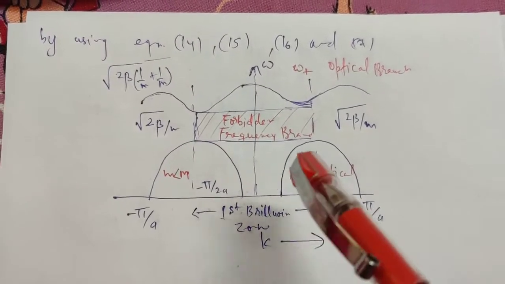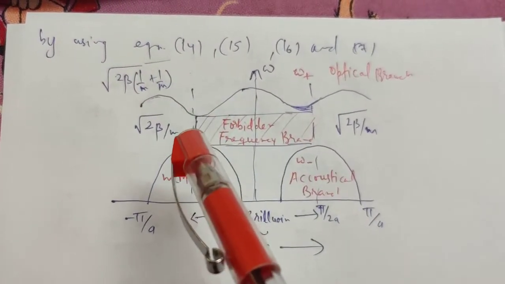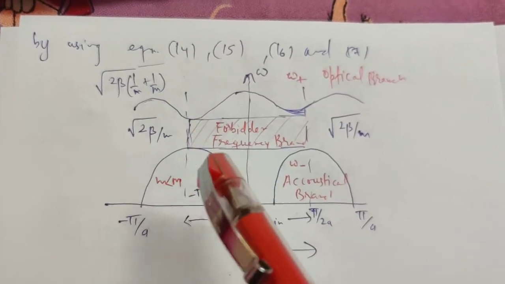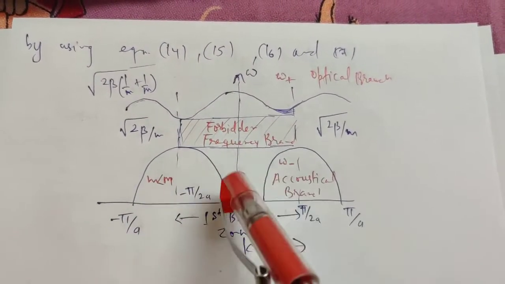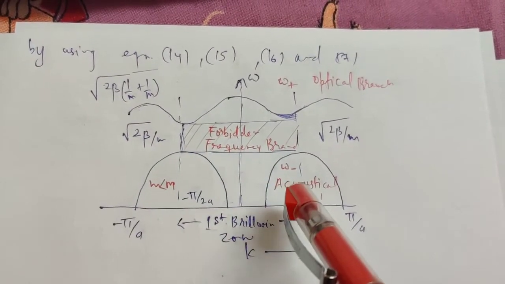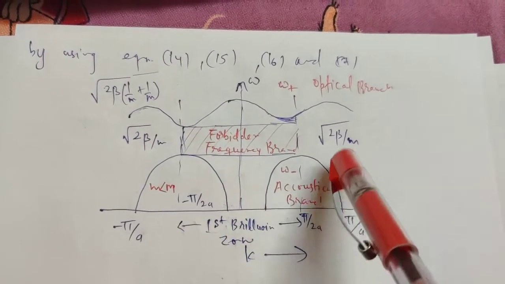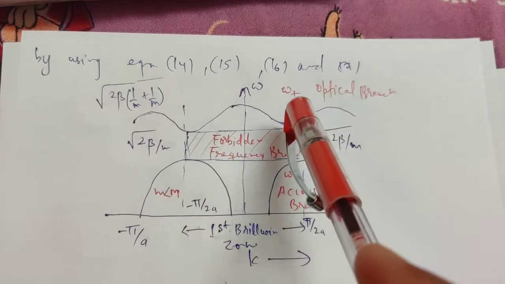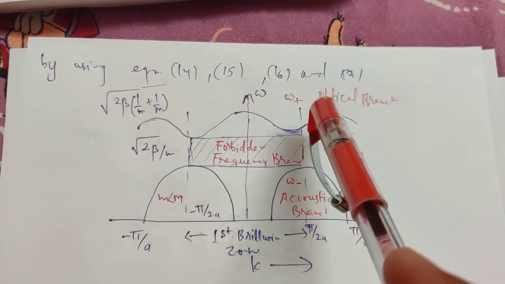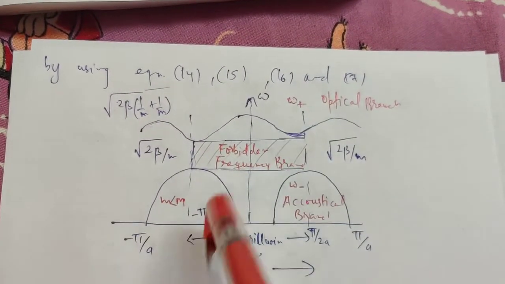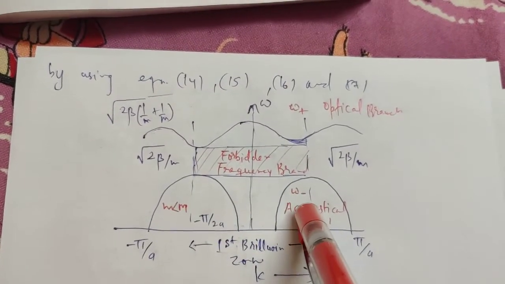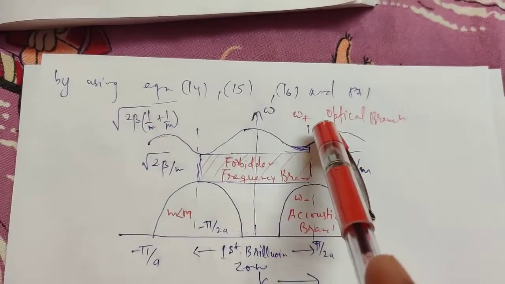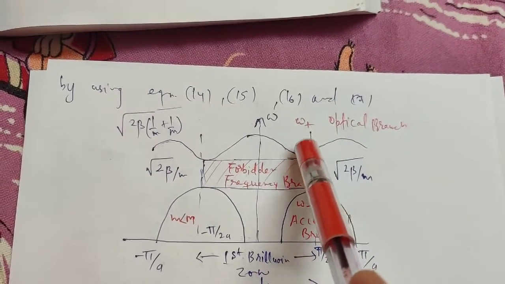So now here we observe that the allowed frequencies of propagation are split into two branches. The lower is the acoustical branch and the upper branch is the optical branch. So now this acoustical branch is the same as in the monatomic lattice, but this optical branch represents a different type of wave motion.